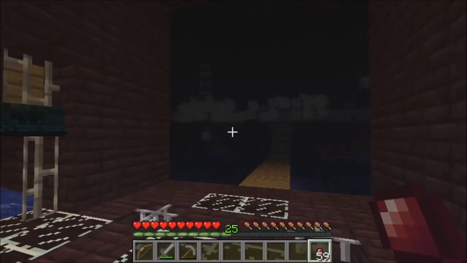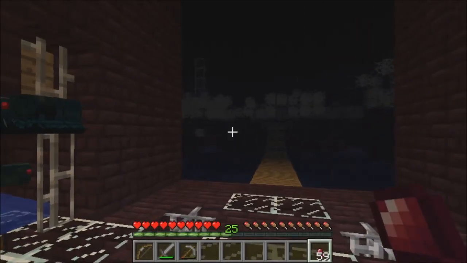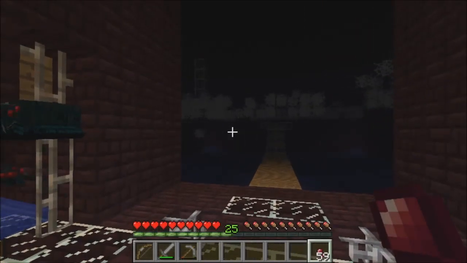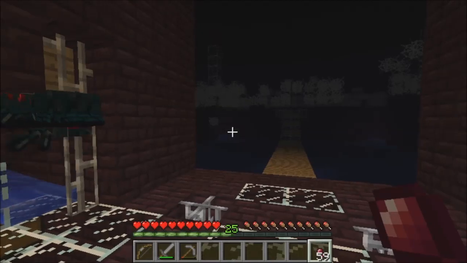Except for I do believe that those back wall mob spawners are actually... I was going to say they're actually a little bit towards this side of the chunk boundary, but I do believe that that's incorrect.